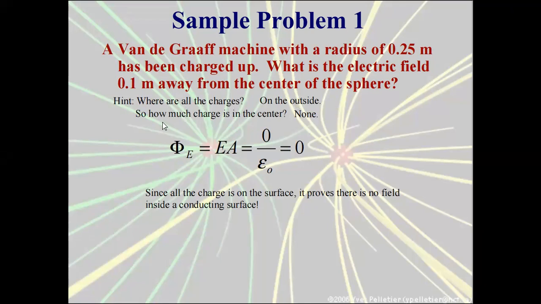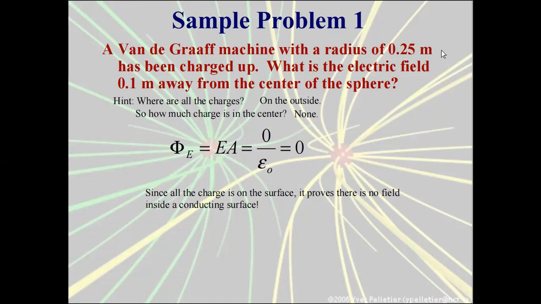On the outside. So how much charge is in the center? Electric flux is 0 divided by epsilon naught, because the total charge enclosed is 0. So we get 0, since all charges are on the surface. In the center there is no charge, so the total enclosed charge equals 0.